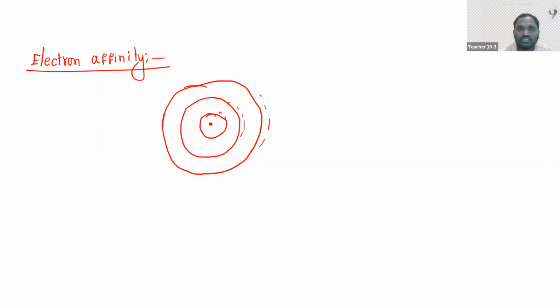See, students, here electrons are present in shells having negative charge. Now, the electron I am going to add also has negative charge. Like charges repel each other.